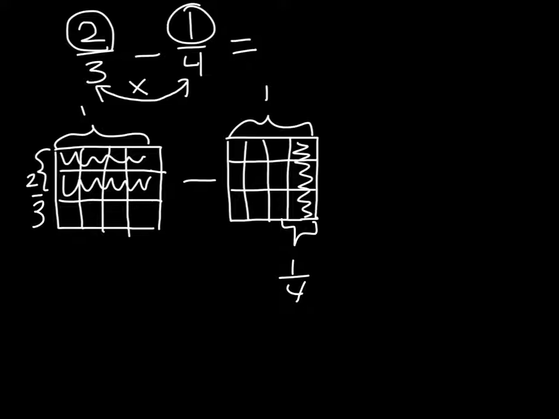And of course, when we change our unit to twelfths, we have 1, 2, 3, 4, 5, 6, 7, 8 twelfths in 2/3. And we have 1, 2, 3 twelfths in 1/4. So we'll transfer those numbers up above.